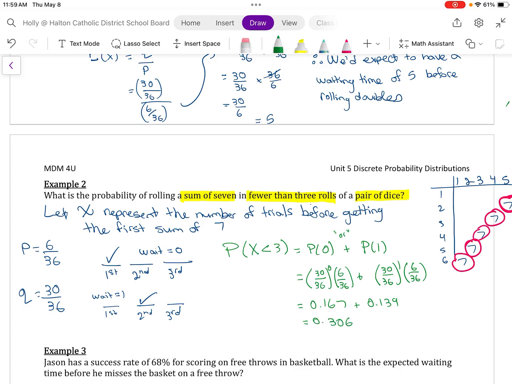Add them up. So therefore, you have about 30.6% chance of getting a sum of 7 in fewer than 3 rolls.